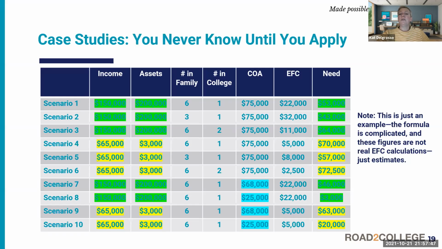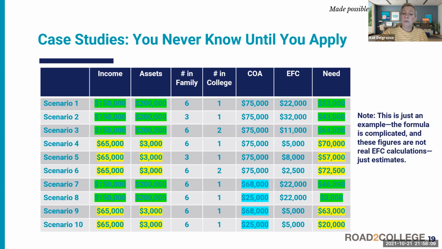The calculated EFC, or contribution, is different because of family size and the number in college. You've got a $22,000 EFC for the family of 6 with 1 in college, and a higher EFC for the smaller family with the same income and assets.